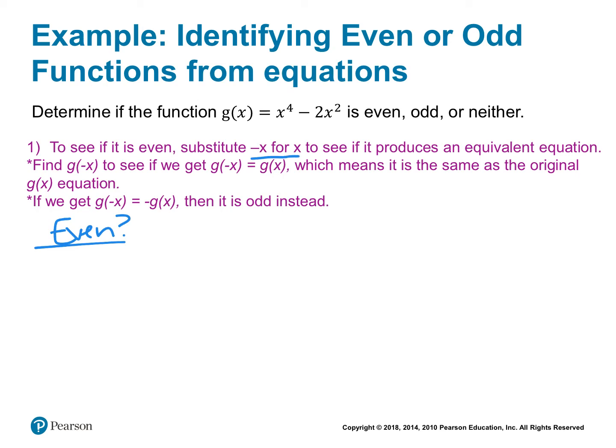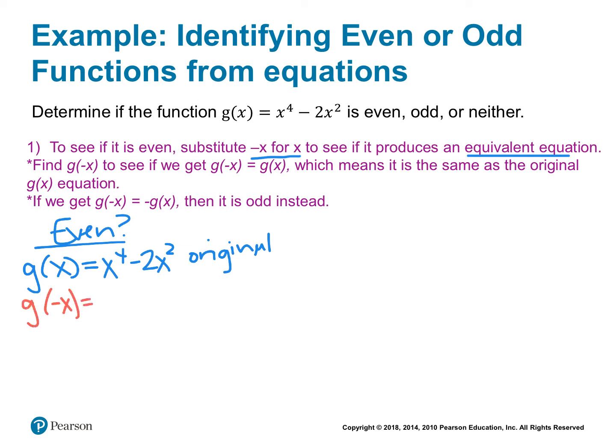We're going to try that out. Substitute negative x for x to see if we get an equivalent equation to the original. So here's my original. I'll write that so I don't lose track. Okay, so now let's substitute negative x for x. Wherever I see an x, I'm going to put a negative x.